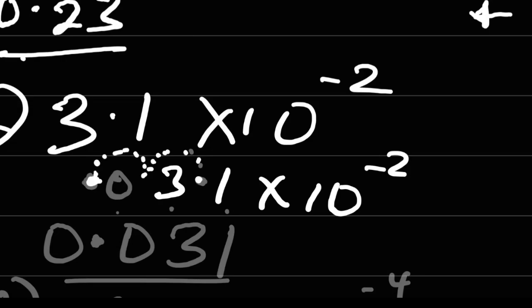So this empty space, you fill it up with 0. So you write 0 before you put this decimal, then 0, then this is your 3, and this is your 1. Please, you can't write the decimal here again because it has moved out to this very place. And look at it here. 0.031.